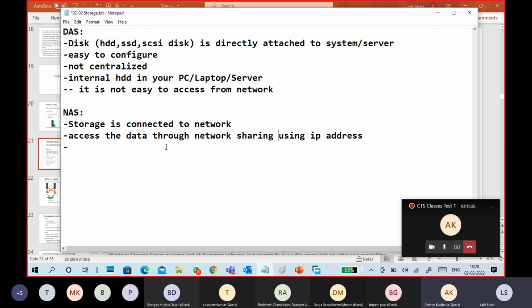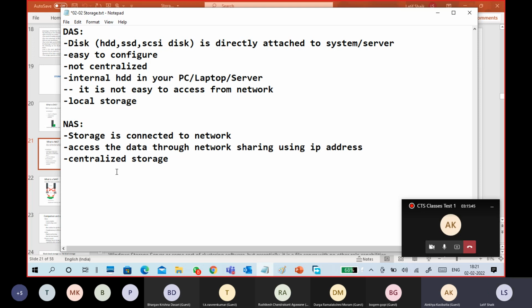Network sharing using an IP address. Remember guys, centralized storage. NAS, SAN are centralized storage. DAS is a local storage.